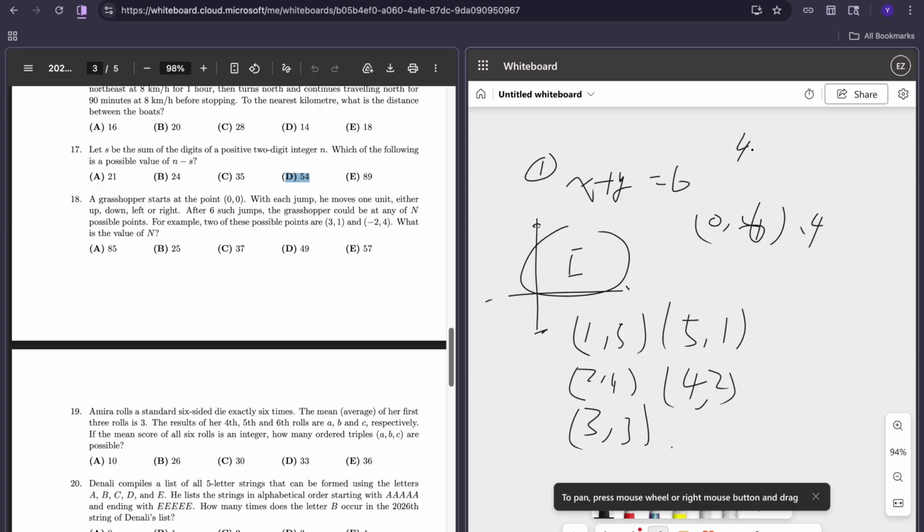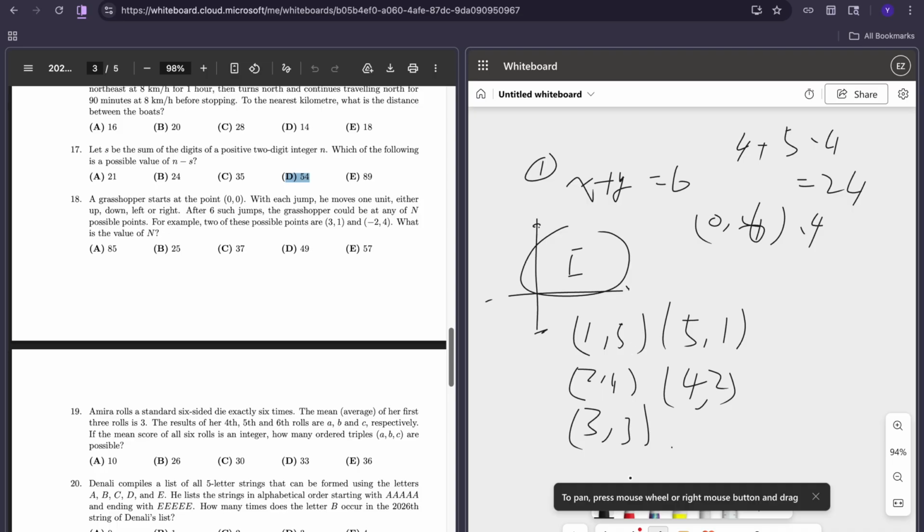So 4 plus 5 times 4 equals 24. In the first case we get 24.